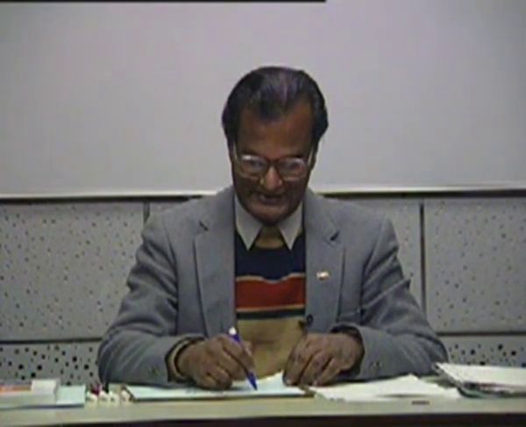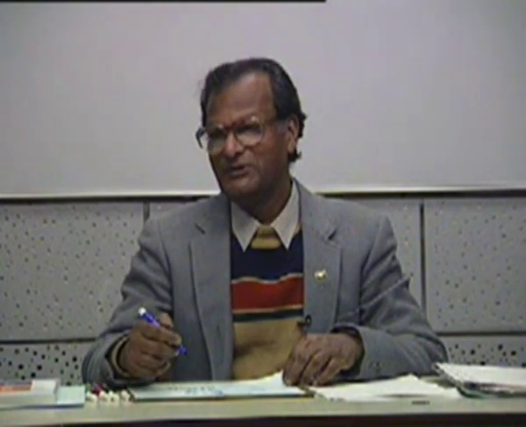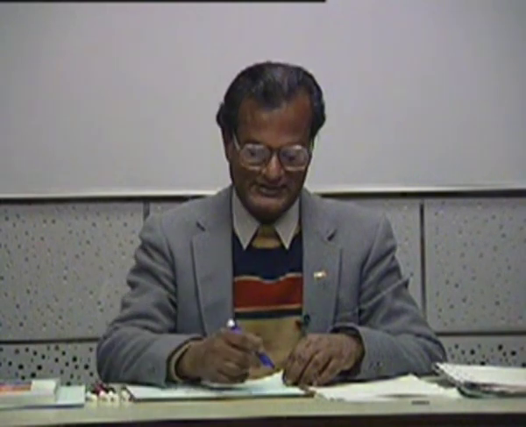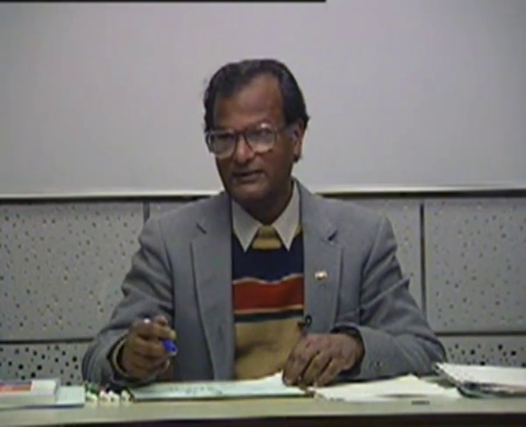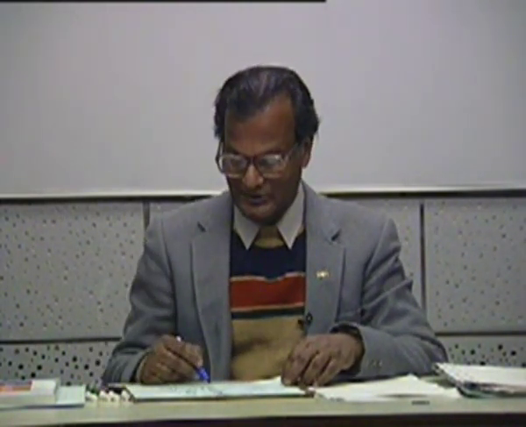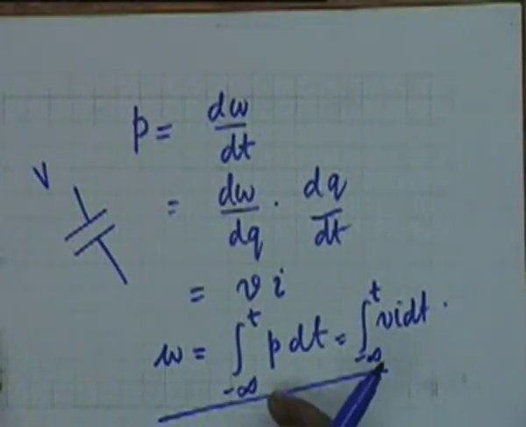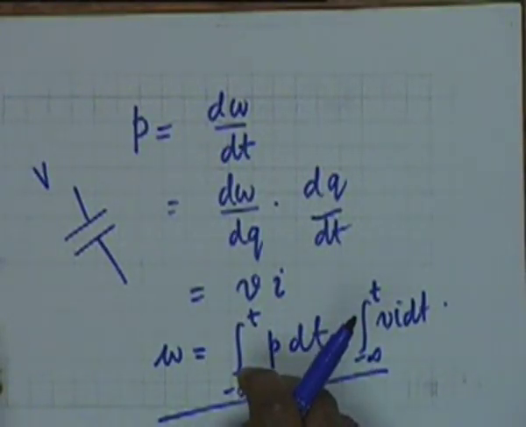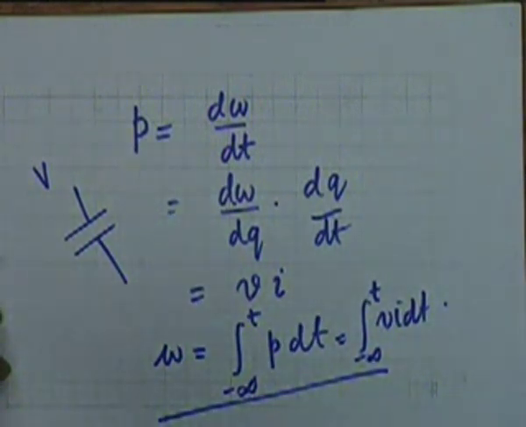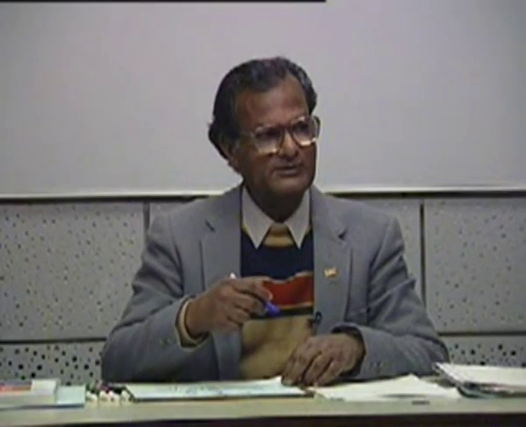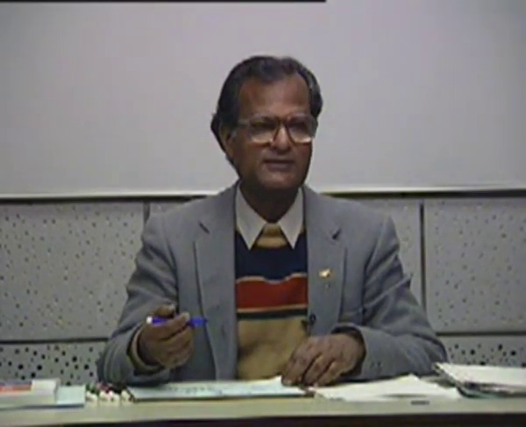Let us take a capacitor and we charge it to a certain voltage, let us say capital V. All right. If we take the lower limit as 0, then you shall have to consider the initial voltage on the capacitor. That is, you have to do 0 to t plus the effect of the initial voltage, because initially also there is some energy in this.